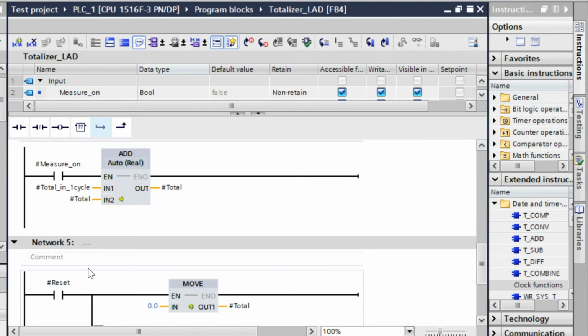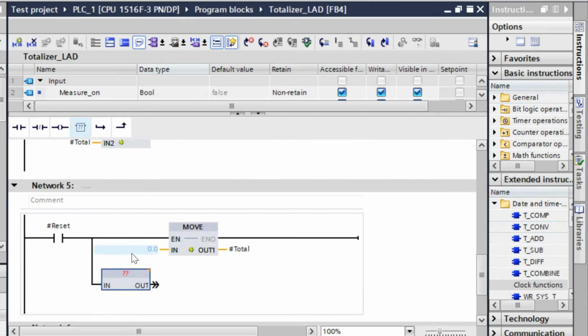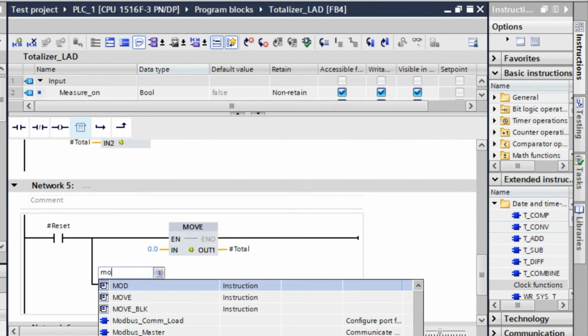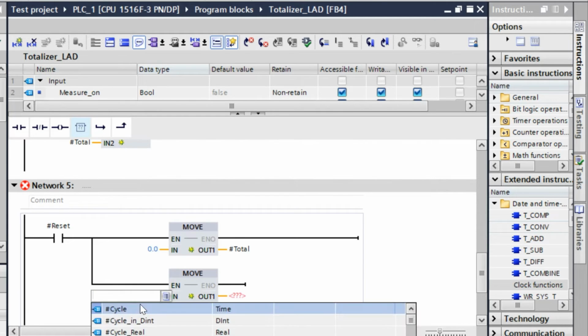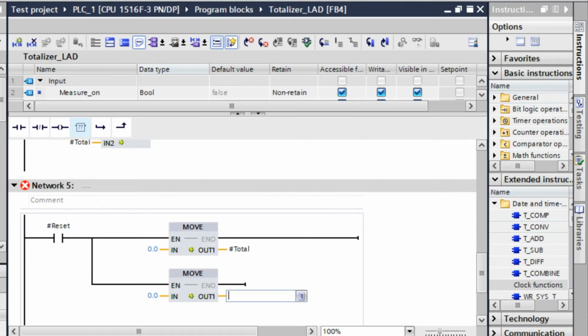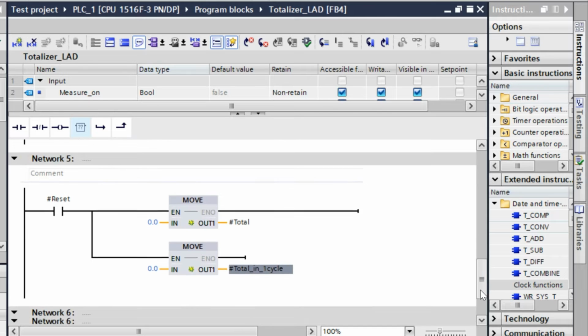In the same way, because some value is there also, we have to give a 0 command to that tag also. Okay, here move 0.0 to that total in one cycle value.